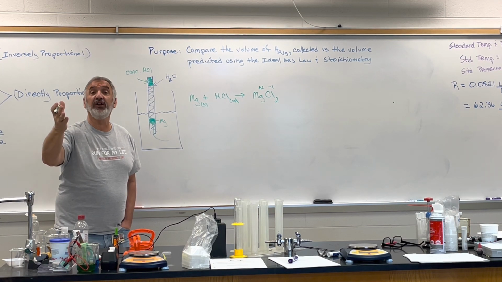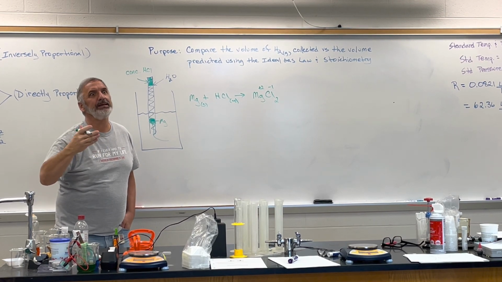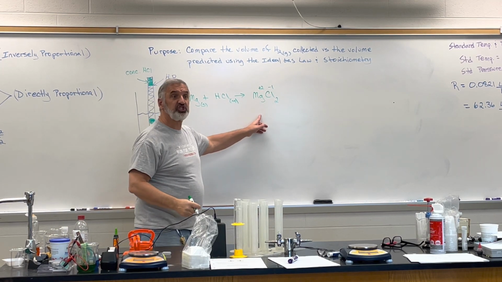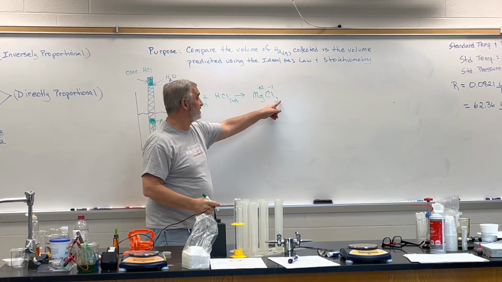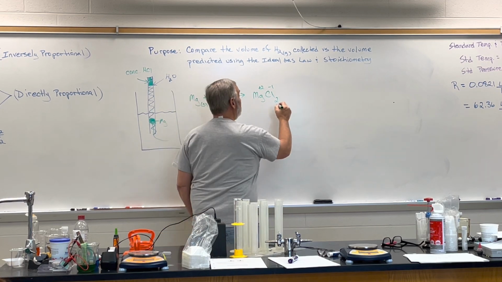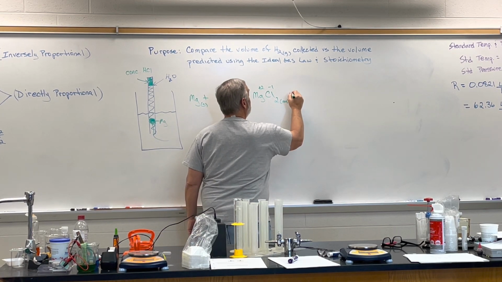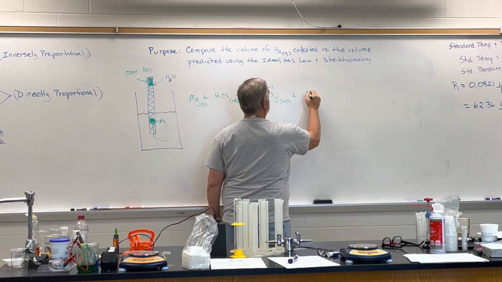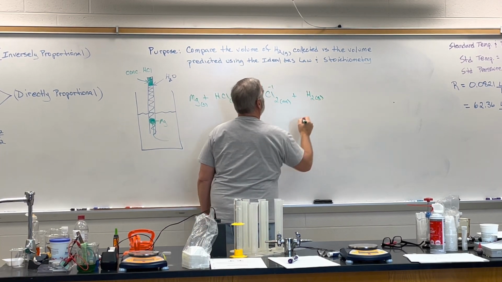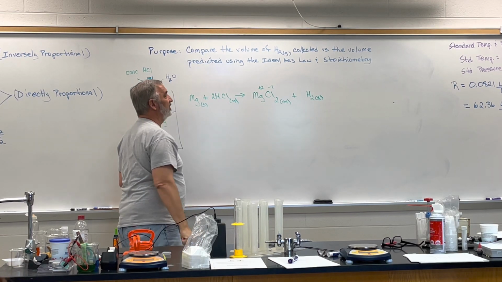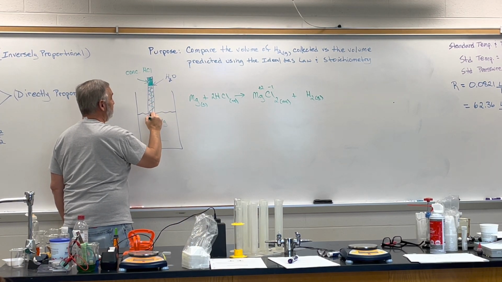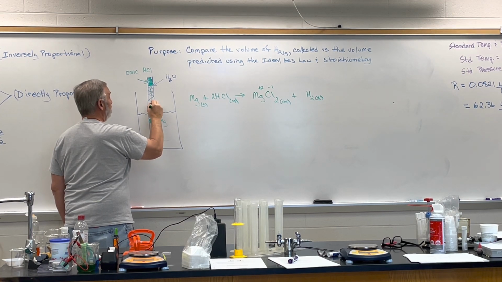It disappeared. But did it really disappear? It dissolved, as magnesium chloride is soluble in the water. So what state do I put here? Aqueous. So it was still in our water. And then what was the bubbles? Hydrogen gas. Okay, and then we balanced that with the 2. So that's my reaction.